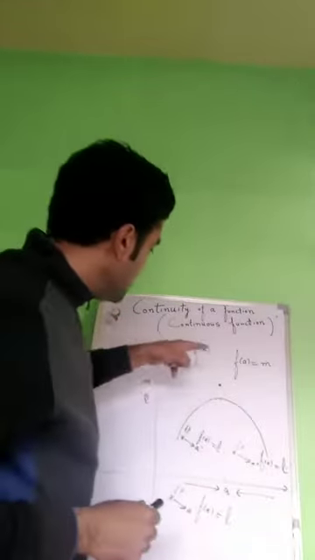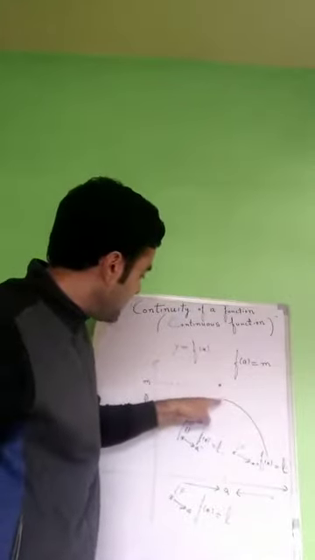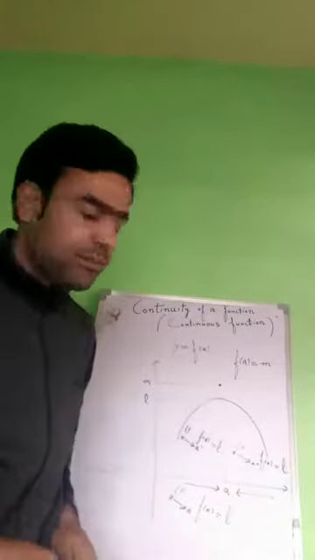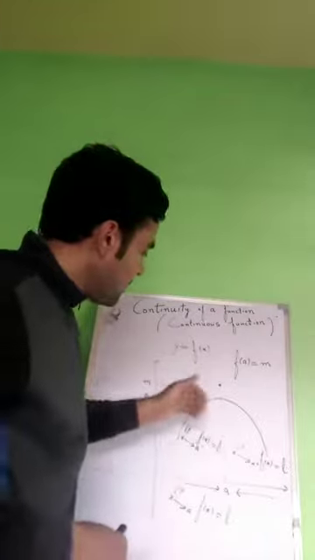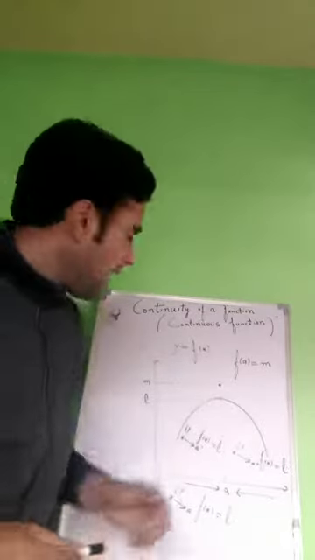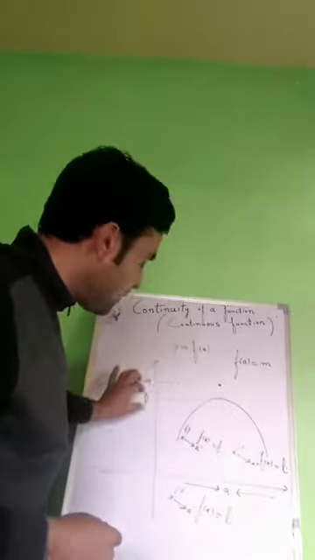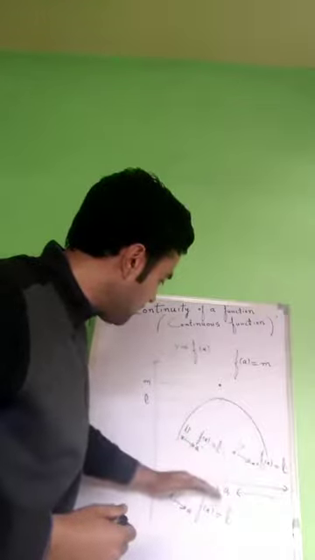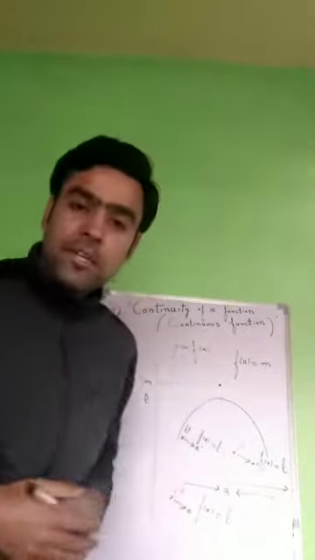If this point were not here, if it were at this position, that is in the hole, then there would not have been any hole and this m would have been equal to L. That means limiting value and the value of function would have been equal.